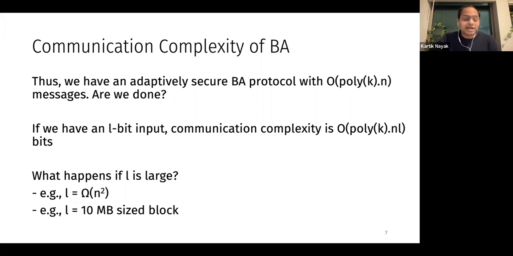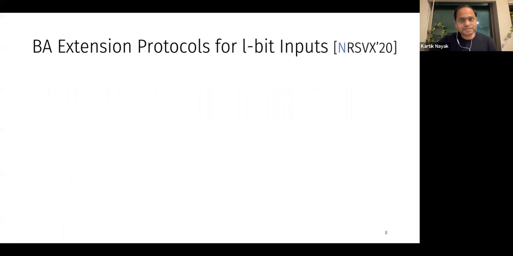This is actually addressed in a different line of work called BA extension protocols, where you're trying to split the agreement of the block from the size of the message itself. So you're trying to express Byzantine agreement of a large message as a function of Byzantine agreement for small messages.